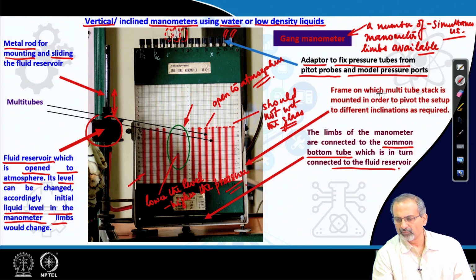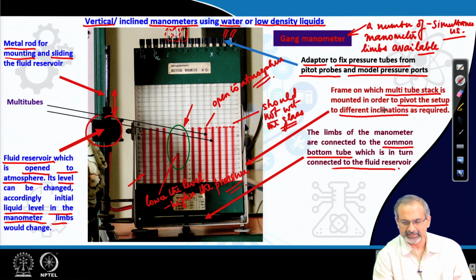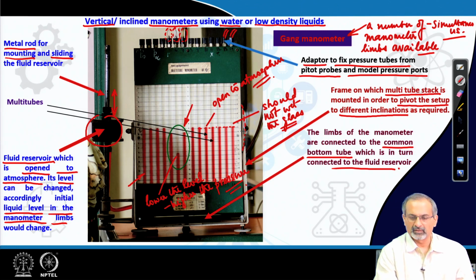You have a frame on which a multi-tube stack of these manometer limbs are mounted, and they can be pivoted together, so that the whole setup moves to a different inclination and can be fixed. There is a disc-like structure over here, with dowel pin-like arrangements, where the inclination may be changed and you can pin it to a certain orientation.